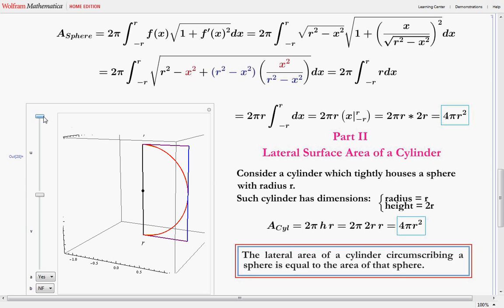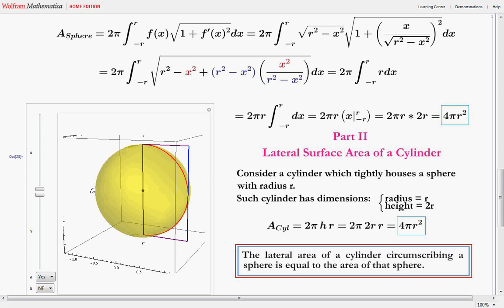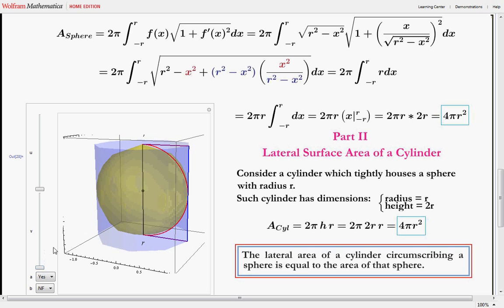Now, let's rotate first the red arc. We obtain, of course, the surface of a sphere, and we know that the area of that surface is 4 pi r squared. Let's do the same with the blue line segment and rotate it around the circle's diameter. We obtain a cylinder which tightly houses our sphere, and whose area is given by this formula which we have derived in the first section of our lecture.